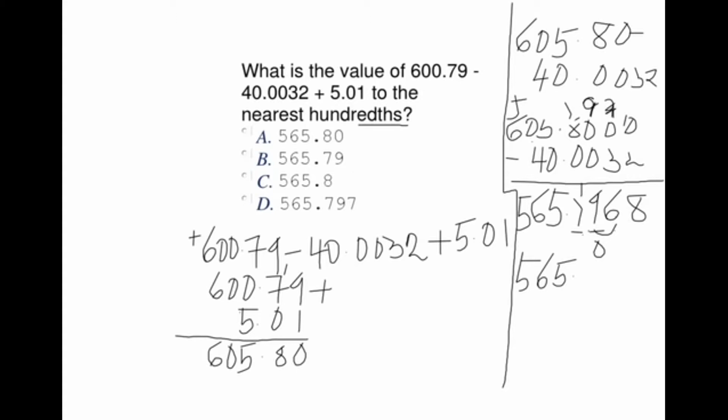Then we carry 1. It will be 7 plus 1 is 8. So we have 565.80. So this is 565.80.